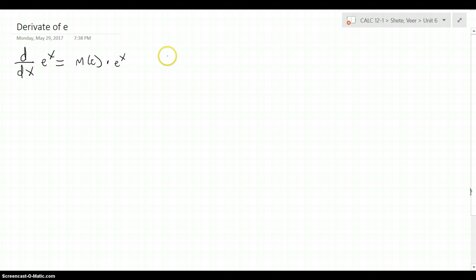So now this stands when m of e is equal to the limit of h approaching 0 of e to the h minus 1 all over h.